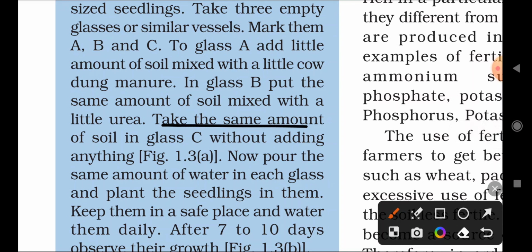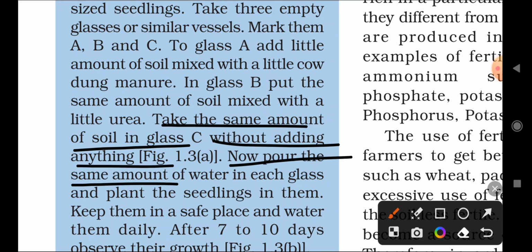Take the same amount of soil in glass C without adding anything. Now pour the same amount of water in each glass and plant the seedling in them. Keep them in a safe place and water them daily.